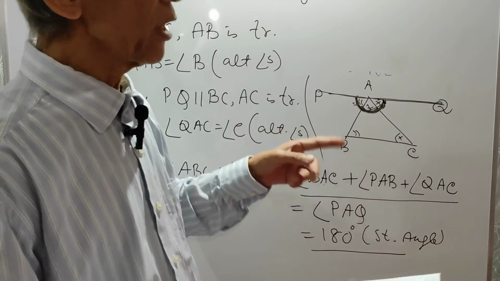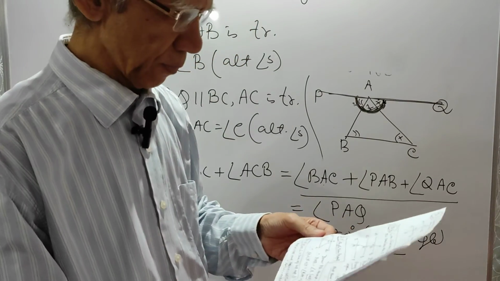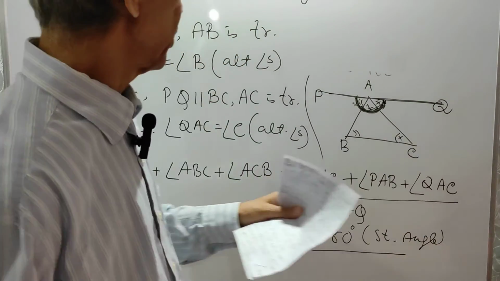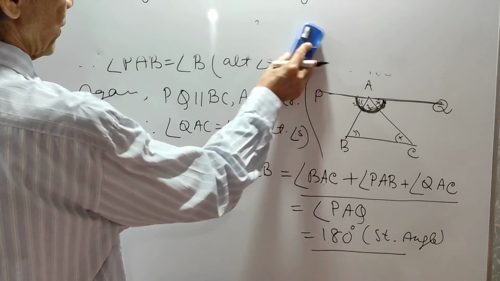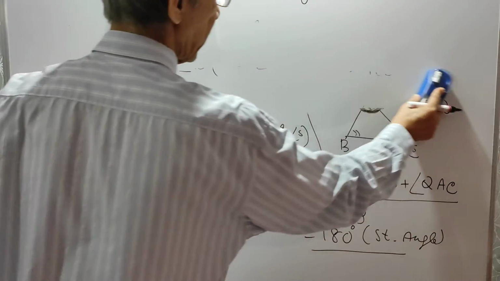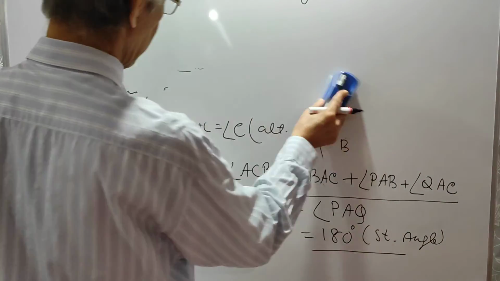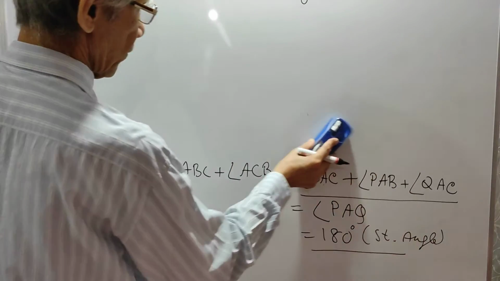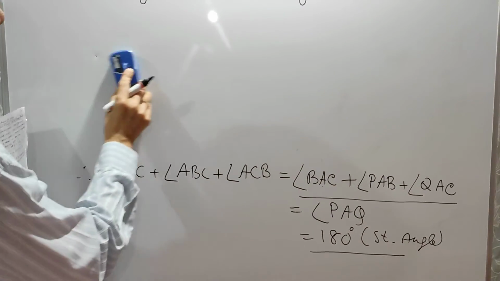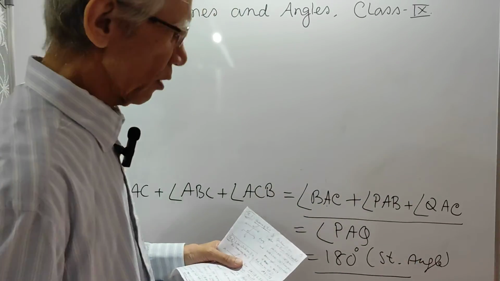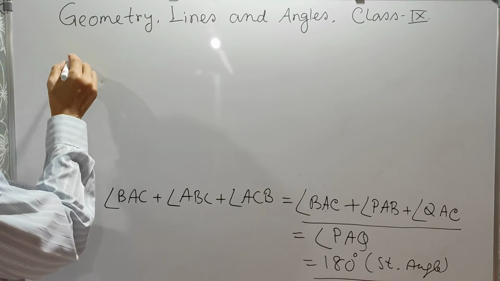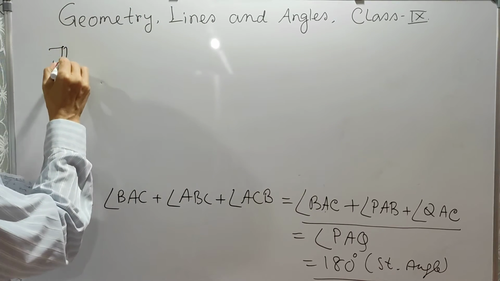As I told you, this is very important, very common in exam. Now the last theorem, theorem 8. Let me say theorem 7 is the most important out of all this. So theorem 8.